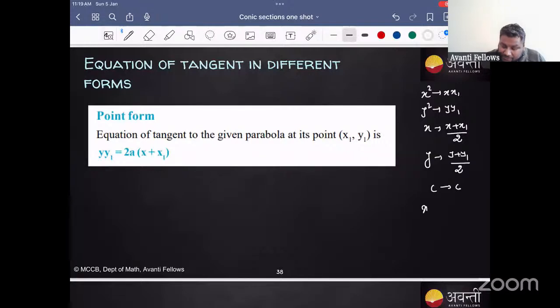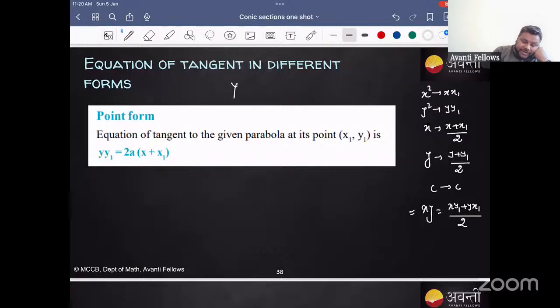If there is a term of xy also, we replace it by (xy1 plus yx1) upon 2. This is very rarely used. If I use these substitutions and the point (x1, y1) lies on the parabola or any conic, you will get the equation of tangent right away.